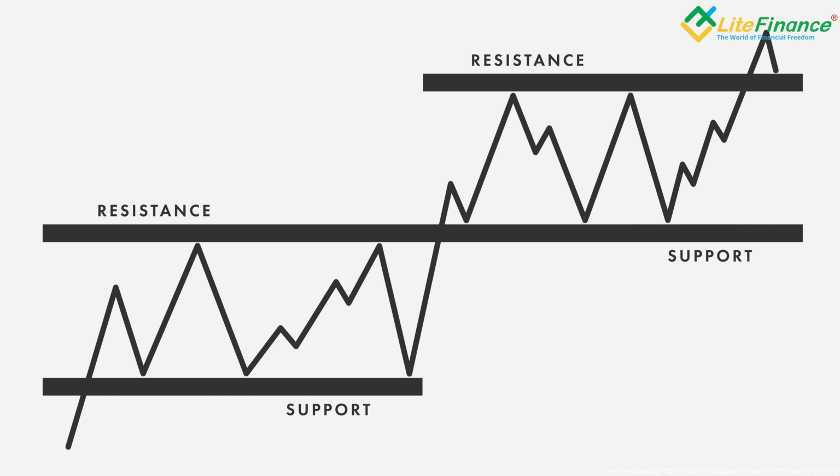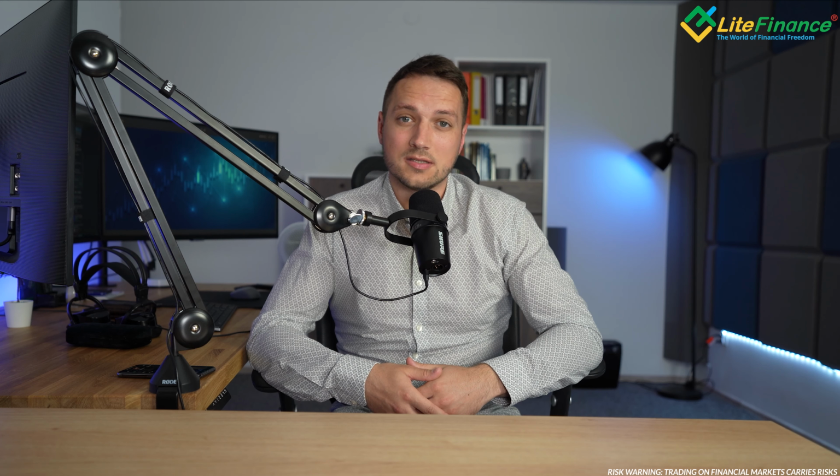As an example, an asset's price might be rising because demand is outstripping supply. However, the price will eventually reach the maximum that buyers are willing to pay, and demand will decrease at that price level. So, at this point, buyers might decide to close their positions. This creates resistance, and the price starts to fall towards a level of support as the supply begins to outstrip demand as more and more buyers close their positions.